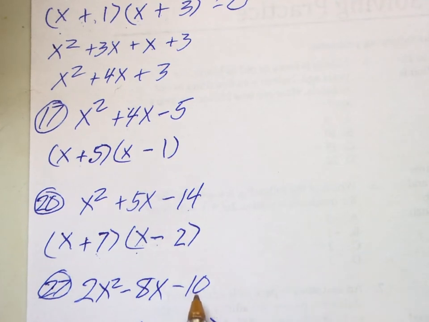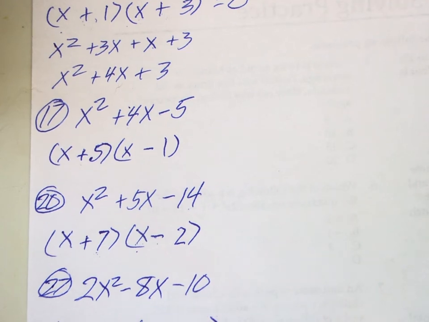I want to get 10. You know, I could do 10 and 1, or I can do 5 and 2. I'm going to try 5 and 2. Now, one's going to be positive and one's going to be negative. So they're going to work against each other. Let's say I put the 5 here and made it negative 5, because I want to end up with negative 8x.